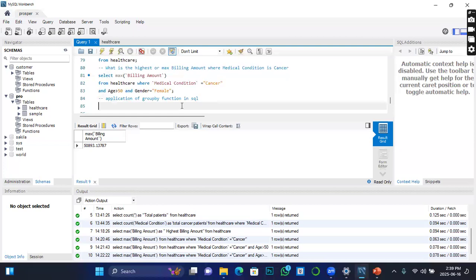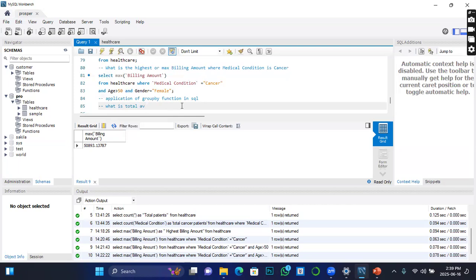So like I said, it is used to summarize value against categorical value. So what is the question we are asking here? What is the total average? Remember I said it can be sum, it can be count.